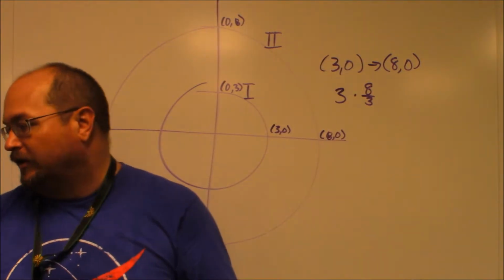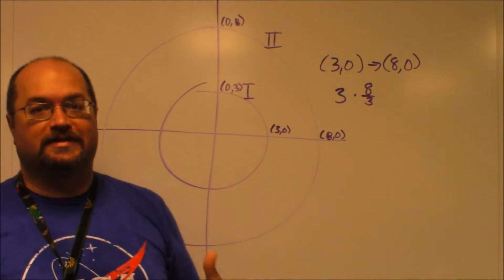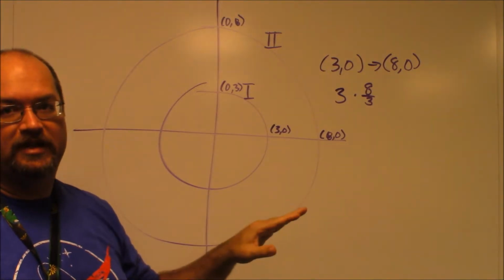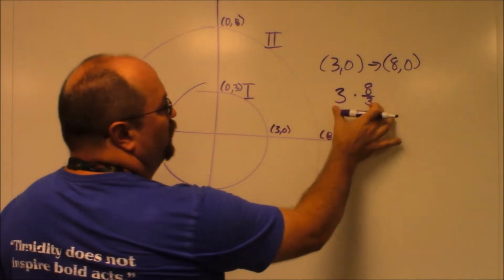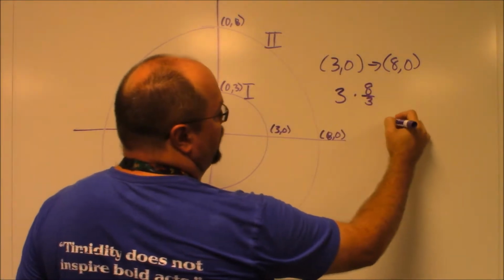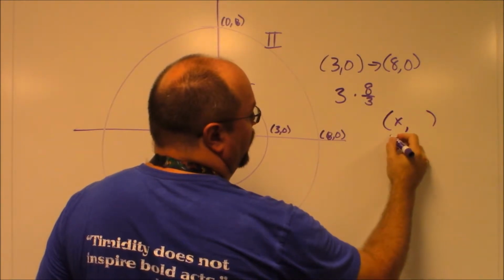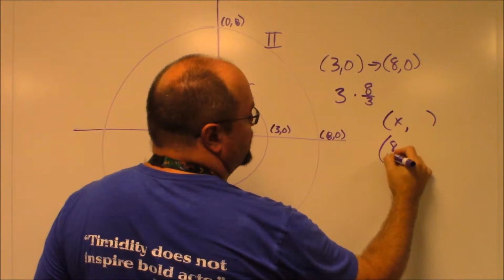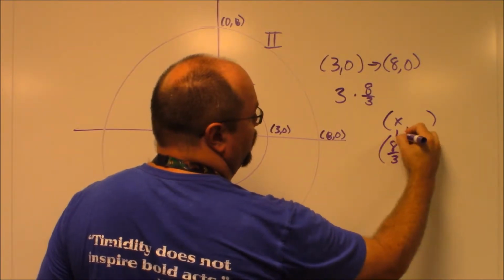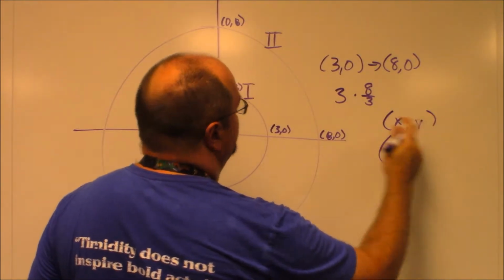If we look at our answer choices, we've got several in fraction form, so we're good to just leave it that way. My rule for x is just going to be 8/3 x. Now I've got to do the same thing for y.